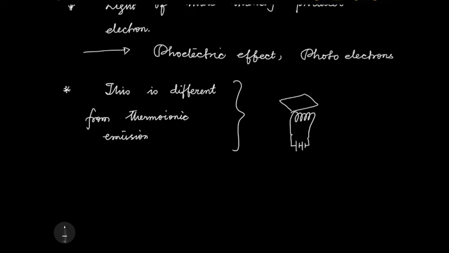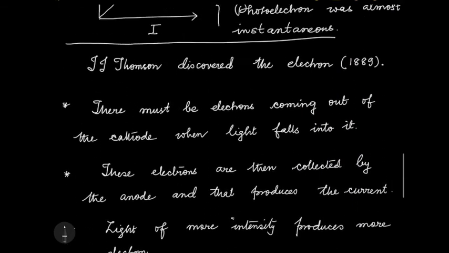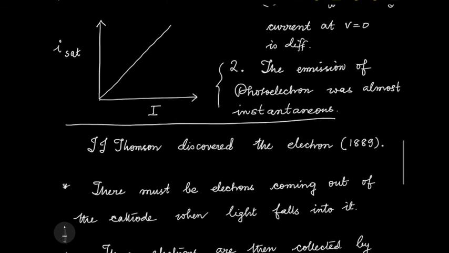So there, you are giving it current, and light is coming out of it. There are experiments where people saw that if you heat up a metal plate, electrons come out of it, but again it takes some time. So it's different from thermionic emission, because as Stoletov observed, the emission of photoelectrons was almost instantaneous. It doesn't take almost any time.